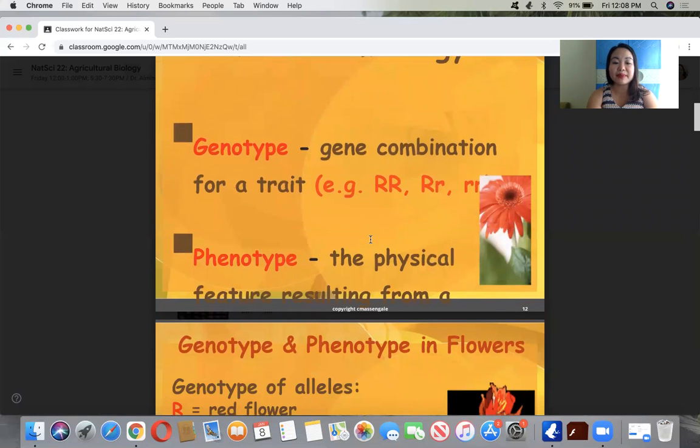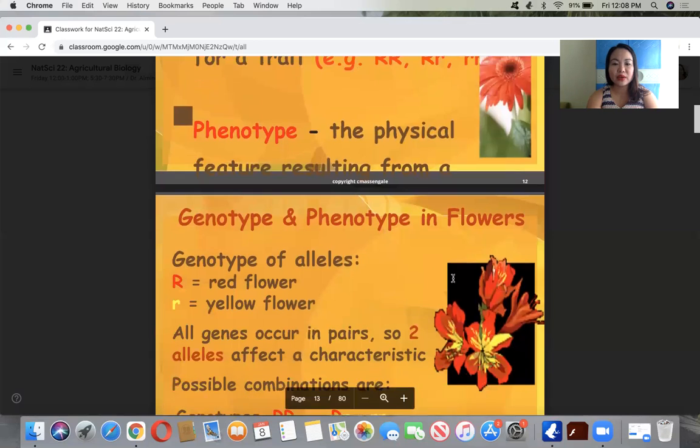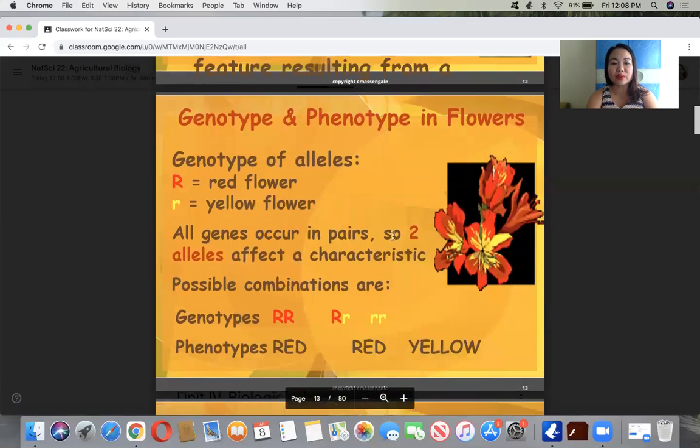The phenotype is the physical feature resulting from a gene combination. In flowers, for example, capital R is for red flower, and the small r is for yellow flower.